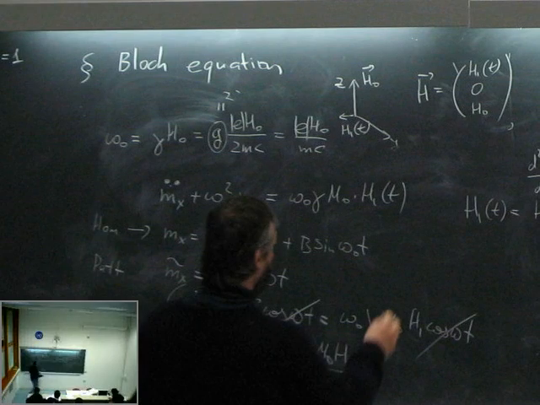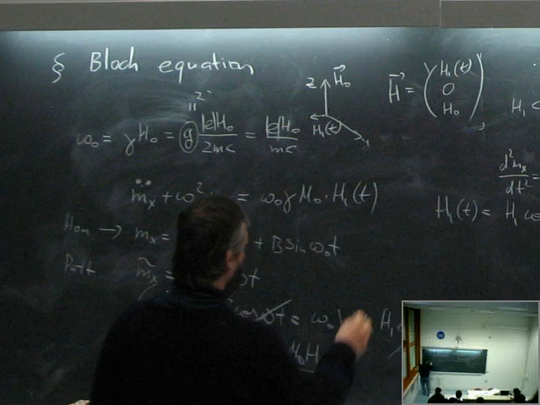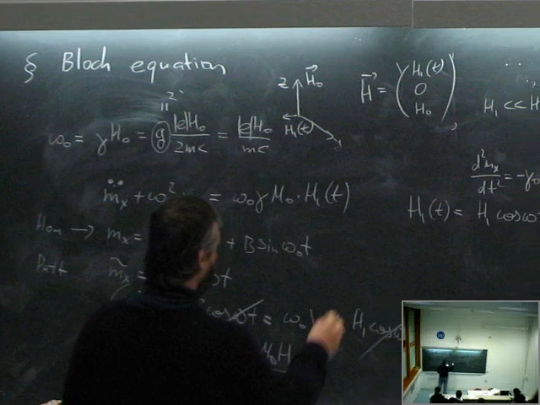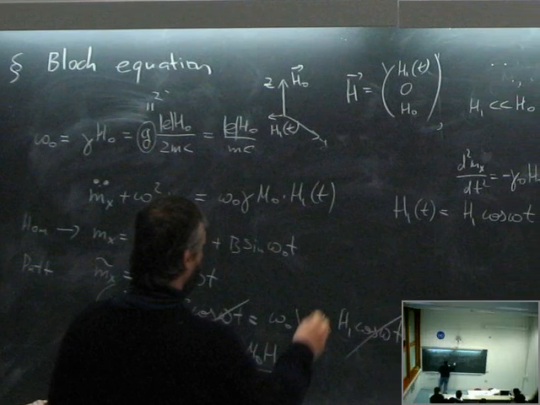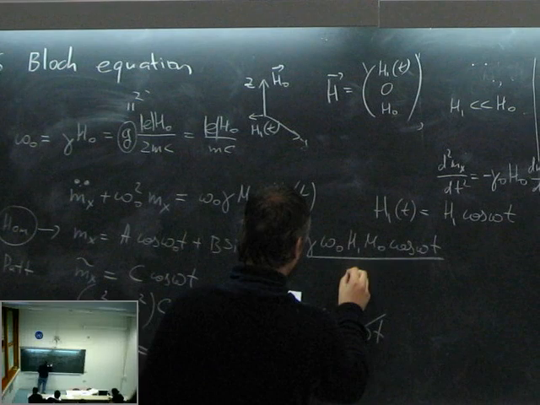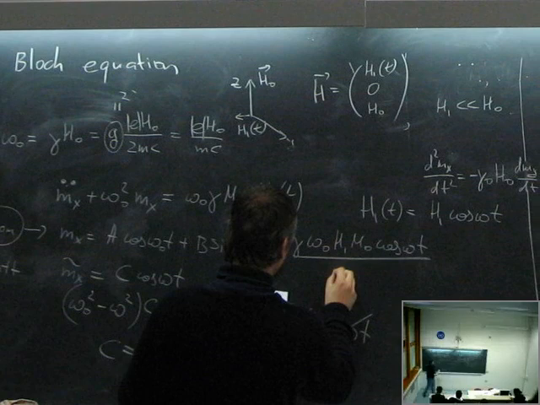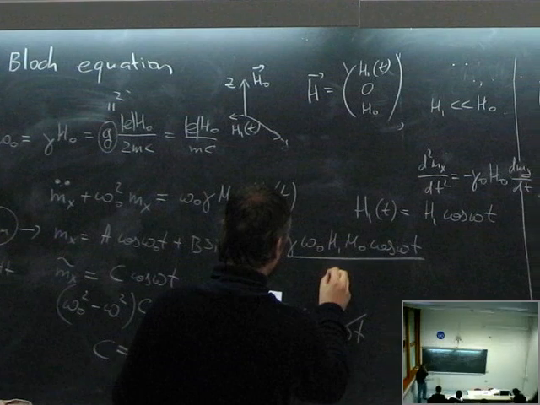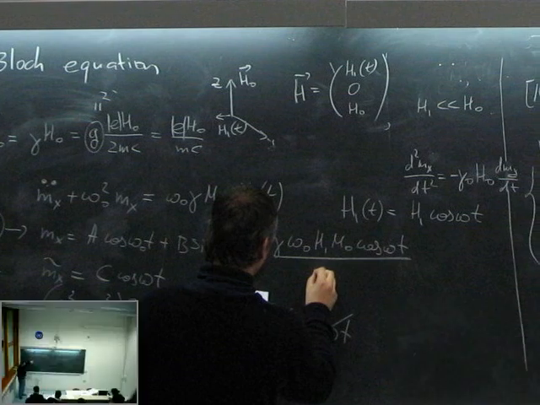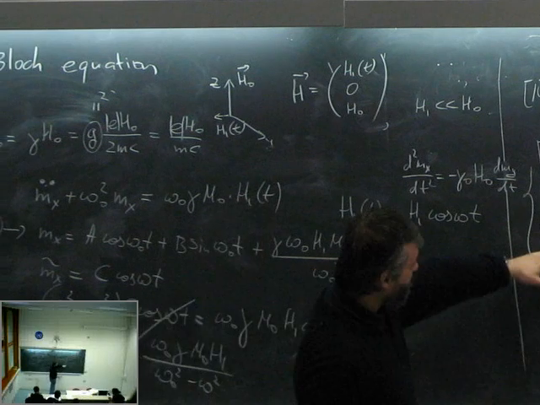So again, now put it into the bracket. So it's plus gamma omega naught h1 m naught cosine omega t divided by omega naught squared minus omega squared. Okay? So this is the solution, of course, using this equation.